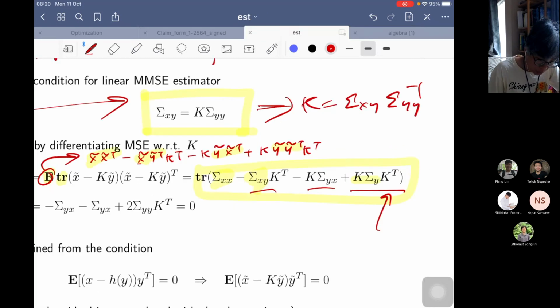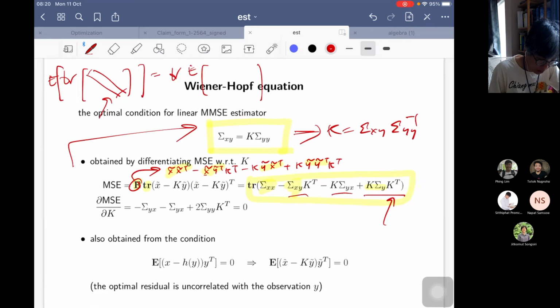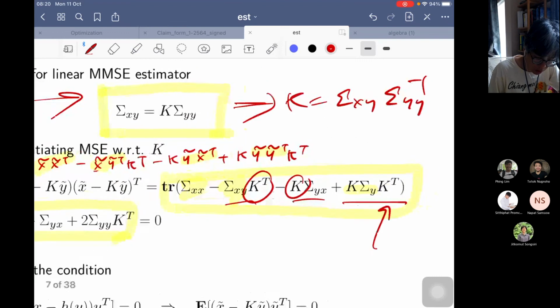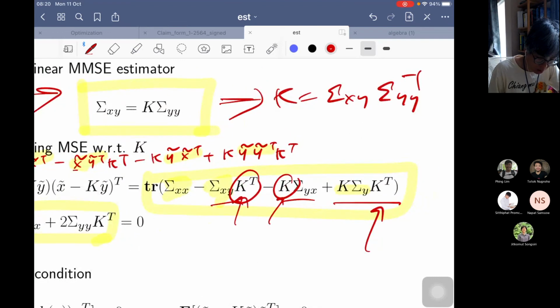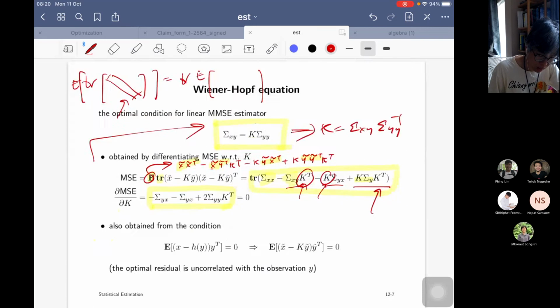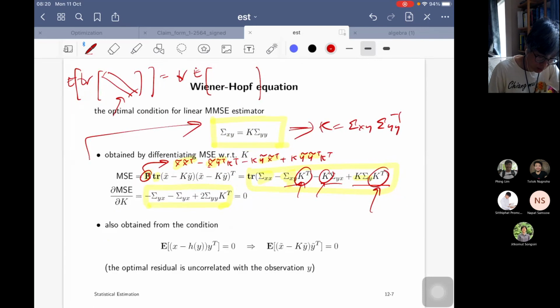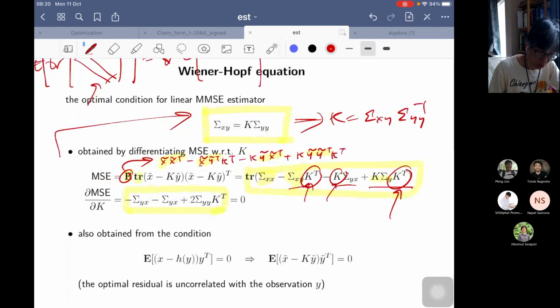When you apply that result, the derivative with respect to k is given by this. You need to express the terms a little bit because the function involves k transpose and k. Please take care of the transpose. Then when you set it to 0, that is the optimality condition.